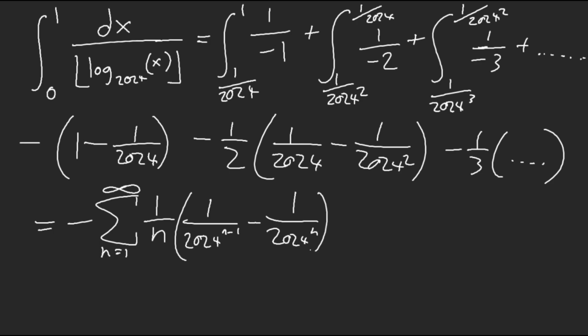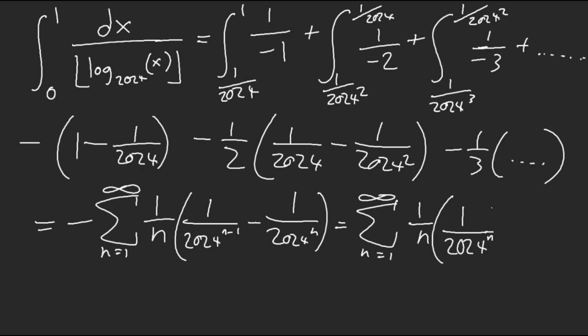So from n equals 1 to infinity, we have 1 over n, and then the rest seems to be the same thing. 2024 to the n, we can factor that out, and we're left with 1 minus 2024, so negative 2023. Okay.